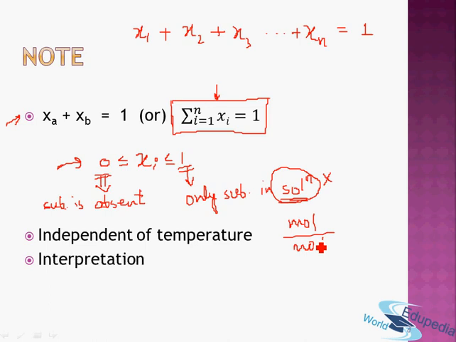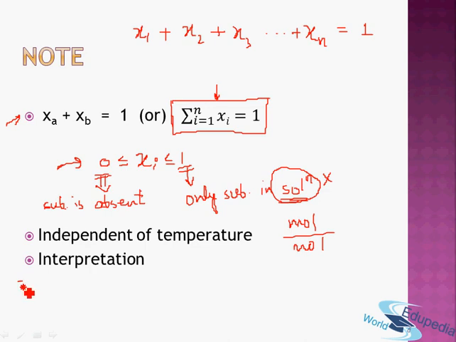Okay, last point to note here is the interpretation of mole fraction. Like we studied interpretation of molarity in our last session, let's see how I interpret mole fraction. Let's take up the previous example.